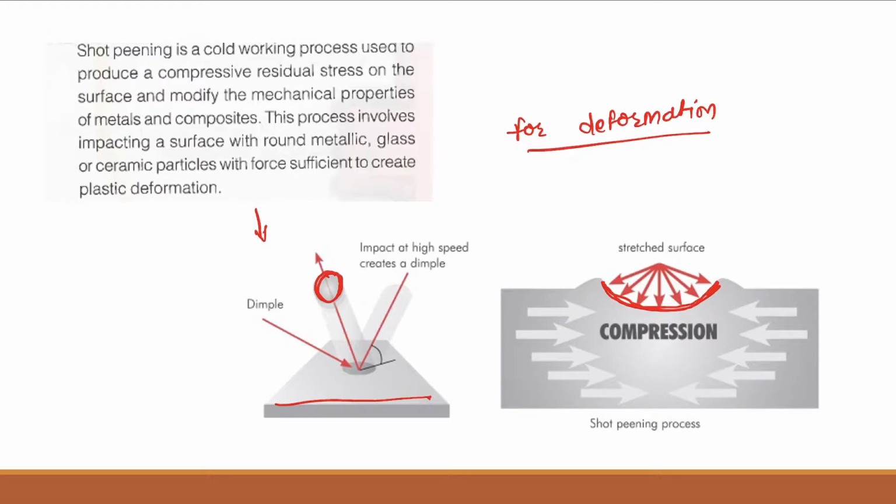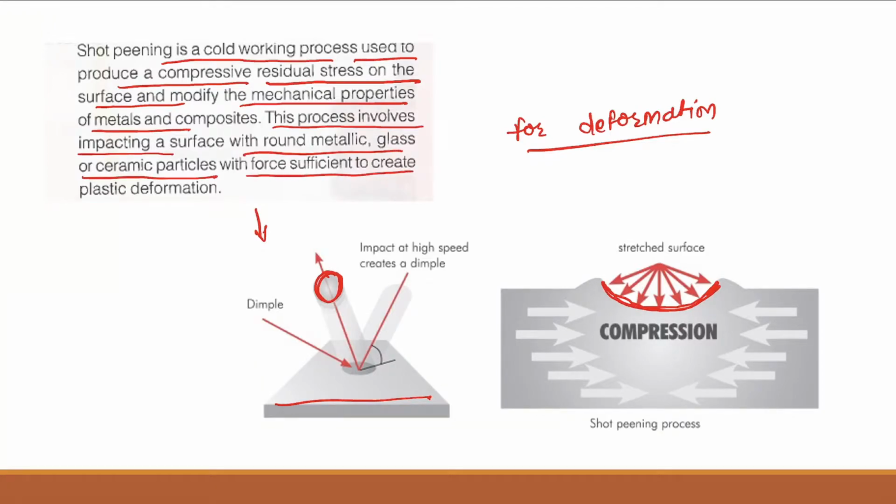This is shot peening process. So shot peening process is a cold working process used to produce a compressive residual stress on the metal surface and modify the mechanical properties of metal composites. This process involves impacting a surface with a round metallic, glass or ceramic particle with force sufficient to create plastic deformation, right?